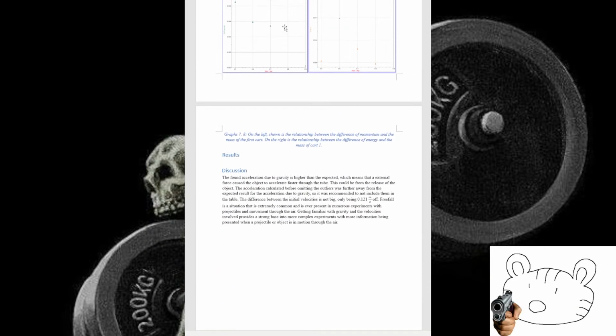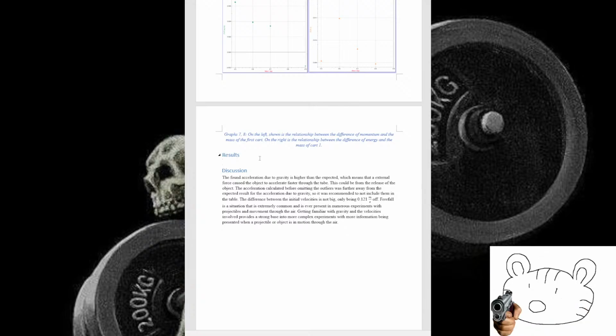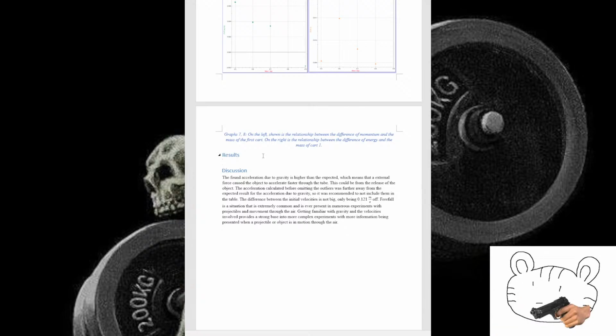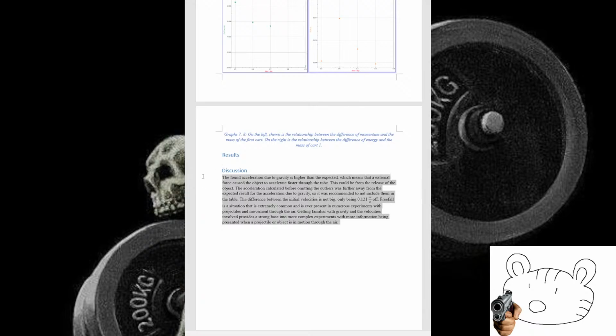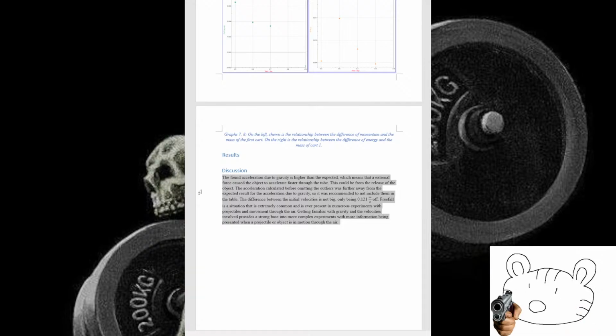Here I got really lazy and I didn't want to separate the graphs and write individual descriptions, so I just grouped them. Results: you answer the question of the lab and how your data supports or does not support it. And the discussion is mainly where you reiterate the purpose statement, you talk about what you found, and then at the end you say why it's important.